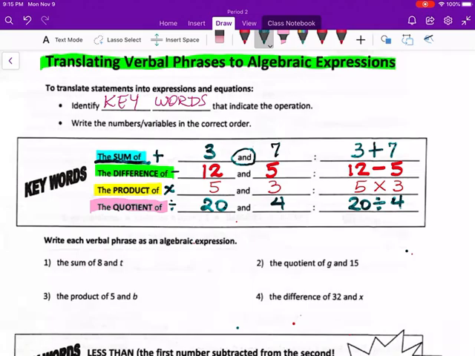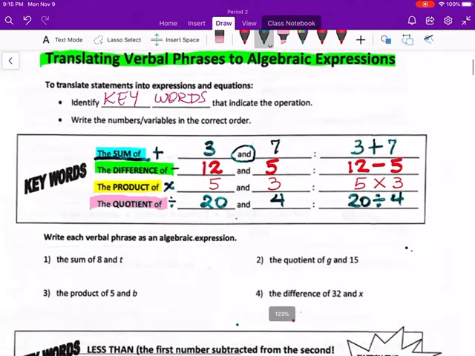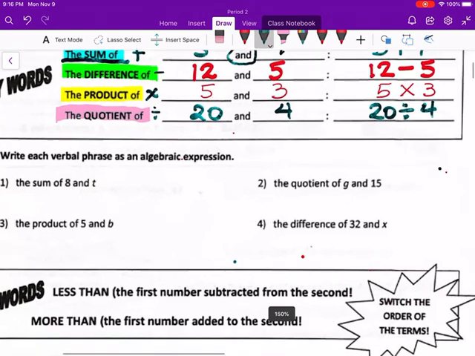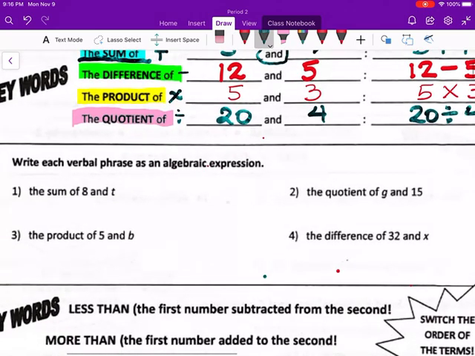So now let's try these next problems right here. It says, write each verbal phrase as an algebraic expression. So first of all, number 1, let's read it. It says, the sum of 8 and t.